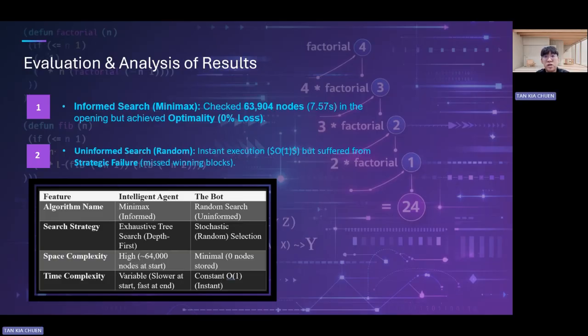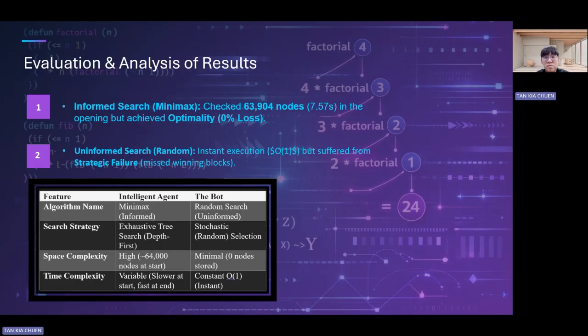In contrast, the random agent executed instantly due to its time complexity, but it frequently failed in real gameplay situations. It often missed critical blocks and made poor decisions, leading to avoidable losses.